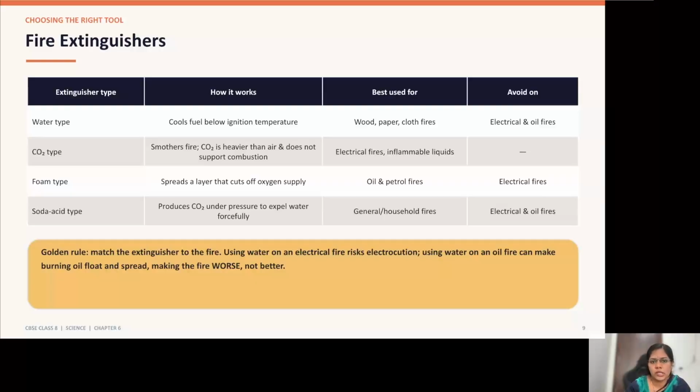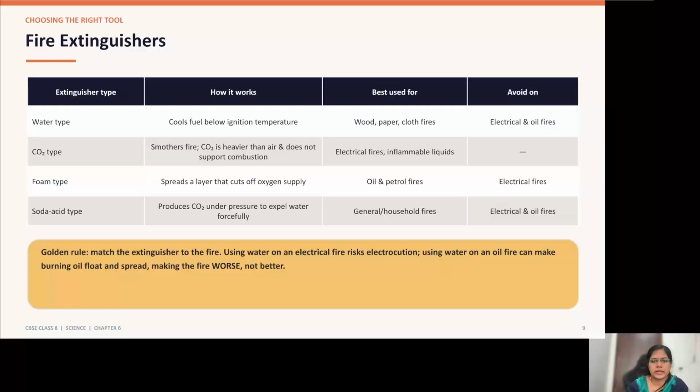It removes air or oxygen, and mostly it is used on electric fires and inflammable liquids. Next one, foam type, is also the same way. It can be used on oil or petrol fires. Soda acid combines and forms carbon dioxide with water to deliver both cooling and smothering effect. Generally it is used for household fires.